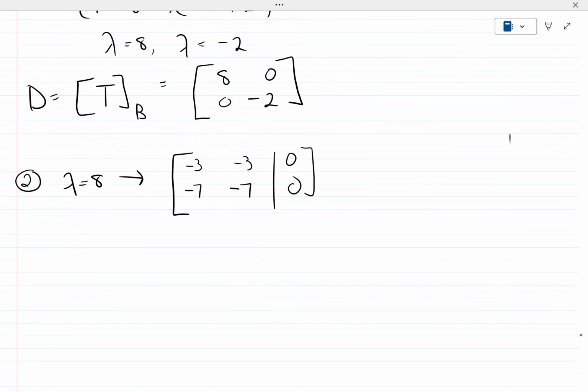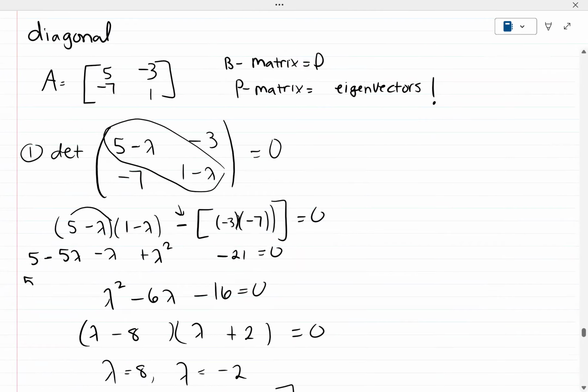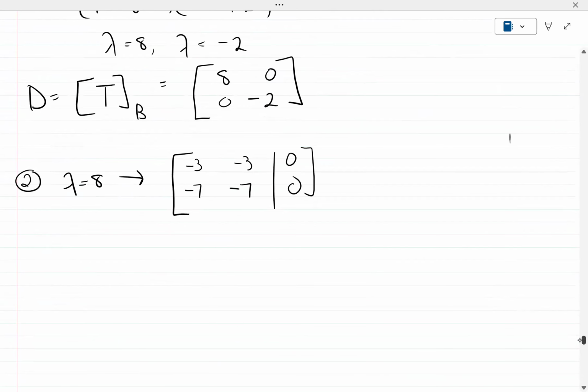Right, so if you go back to what I did, I went back to here and plugged in lambda for 8, and that's how I got that. And then I augmented with 0, and you can use a calculator, and when you row reduce, you're going to get this matrix: 1, 0, 1, 0, augmented with 0, 0.